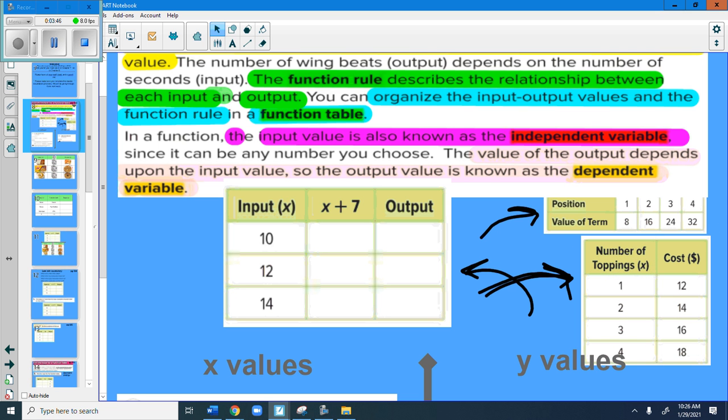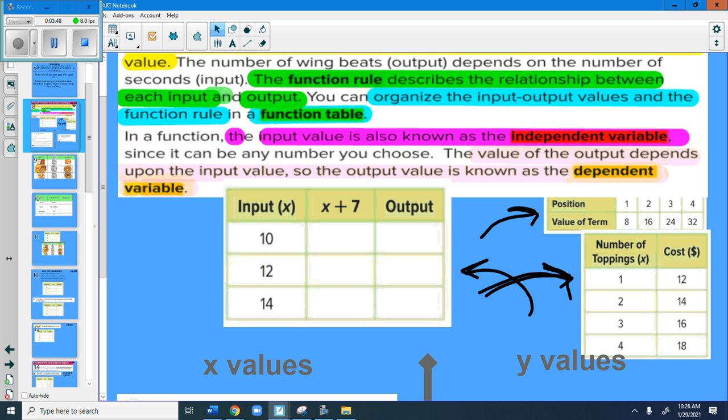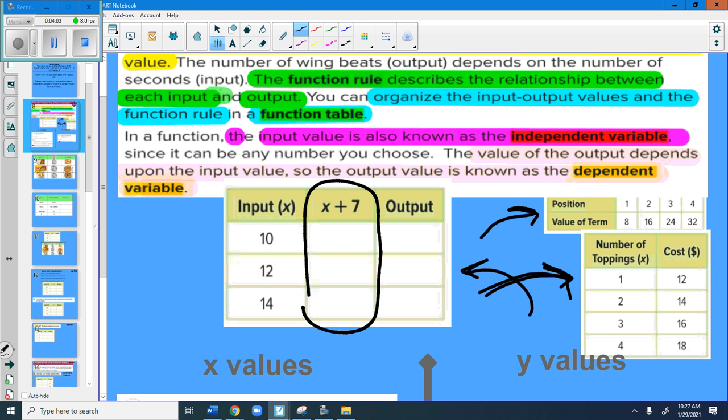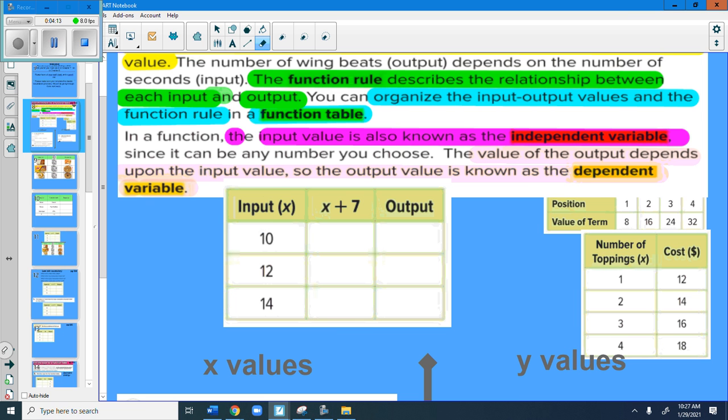What's the difference between the bottom one and this one? Yes? Tell me more. So what's the vocabulary word for this part? It doesn't have the rule, right? The function rule. Yep, this is your rule. That's important to know. You're exactly right, but those are all still function tables.